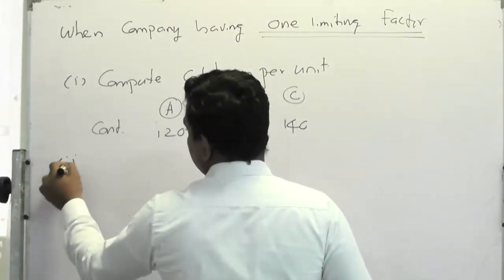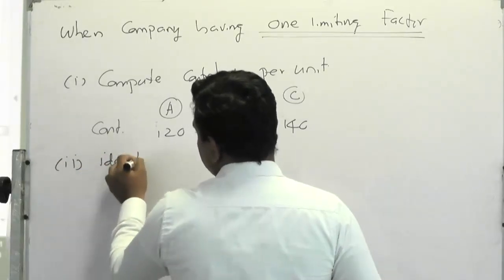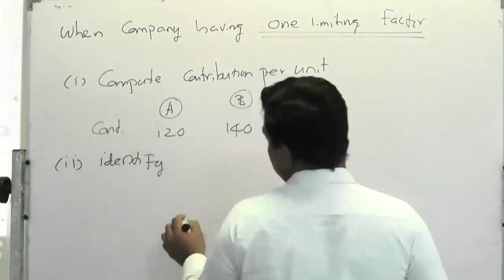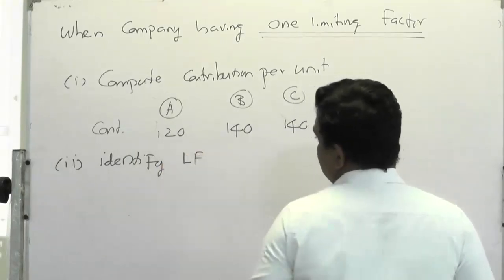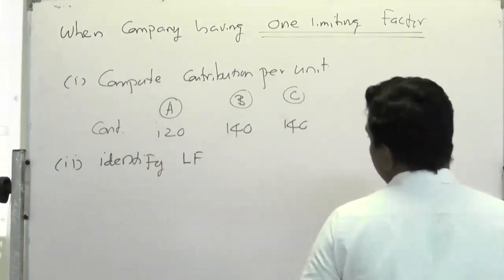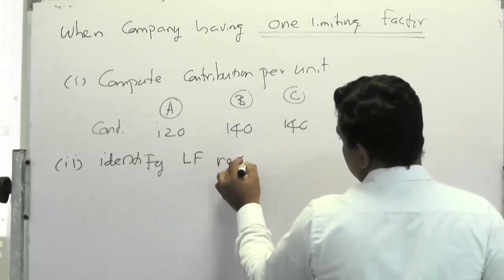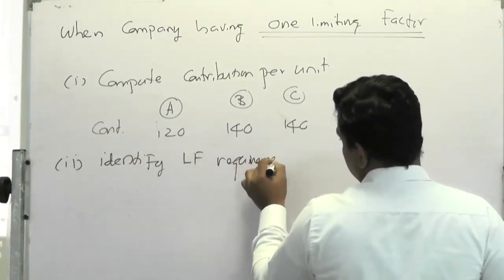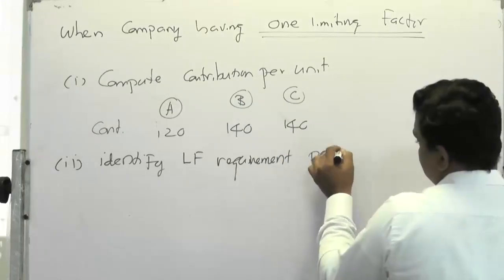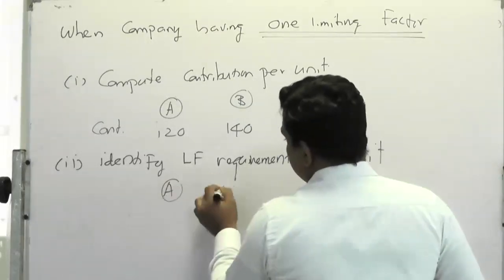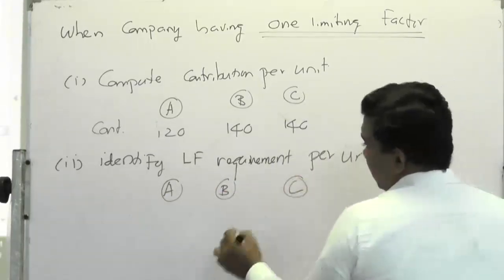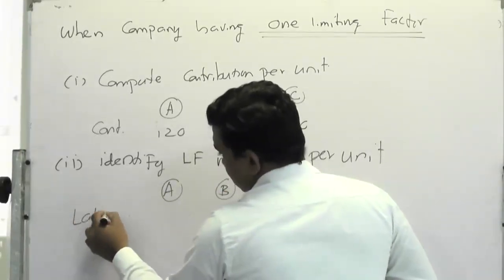Then identify the limiting factor requirement per unit. It is already given. For products A, B, C, the limiting factor is labor hours.